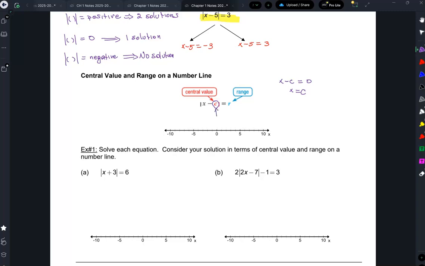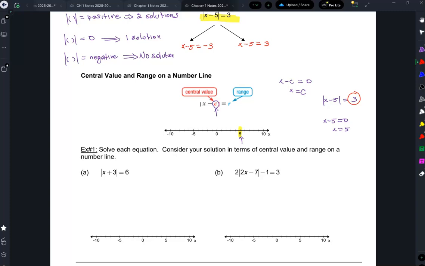And then the range is how far it goes. For example, let's look at the top example. You know how we had x minus 5 is equal to 3? If I take x minus 5, the inside, set it equal to 0, x is 5. That is the central value, 5. And my range is 3.